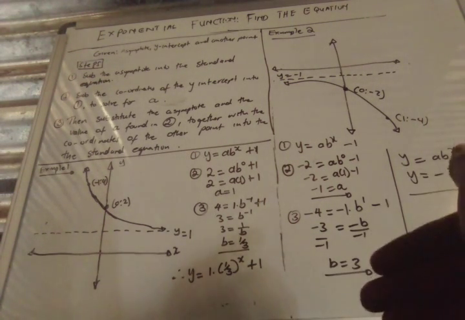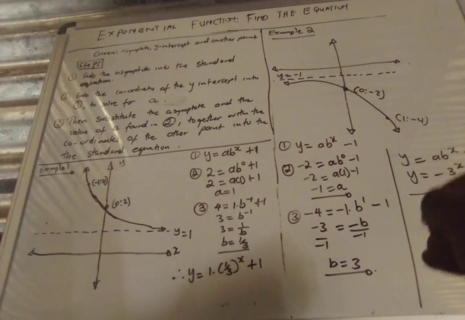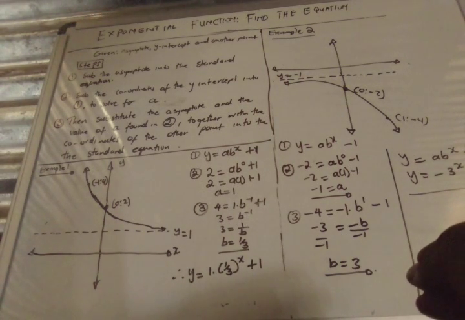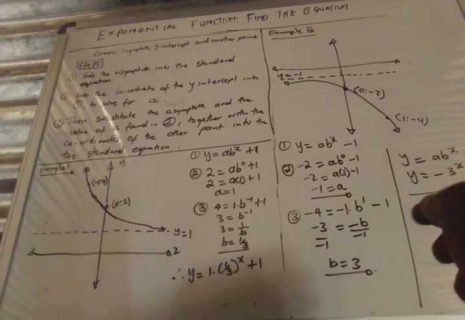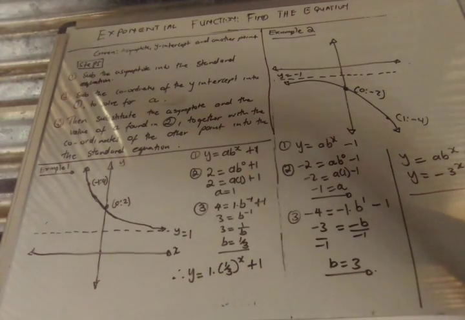From there, step 2 says that we should substitute the coordinates of the y-intercept into the equation that we had from step 1.